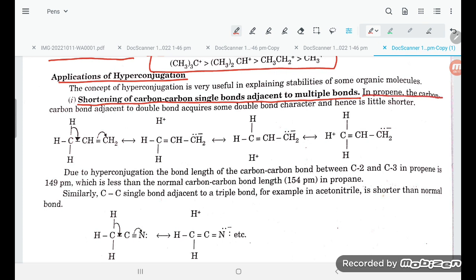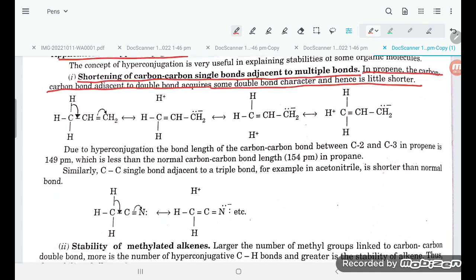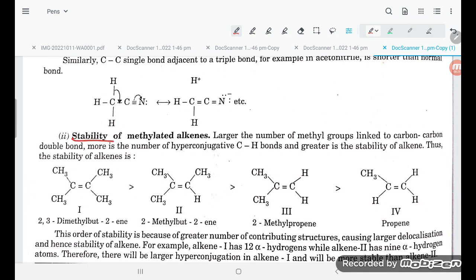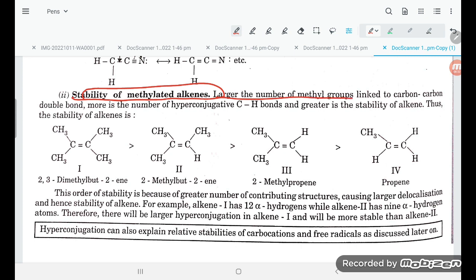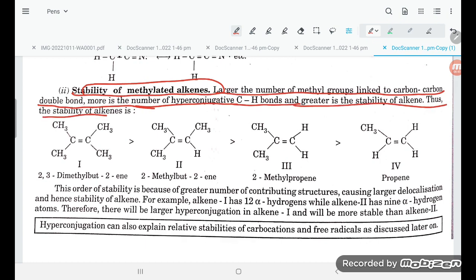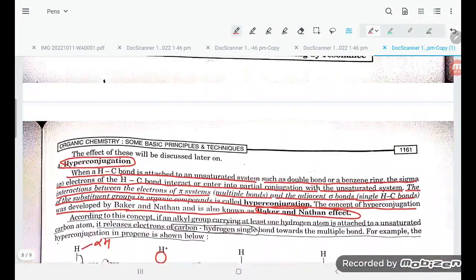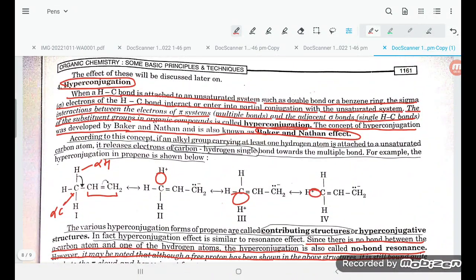A carbon-carbon single bond adjacent to a double bond acquires some double bond character, and hence it is a little shorter. Next one: stability of methylated alkenes. The larger the number of methyl groups linked to the carbon-carbon double bond, the more the number of hyperconjugating structures, and the greater will be the stability of the alkene. So these are the applications of hyperconjugating structures, student. Thank you so much for watching.